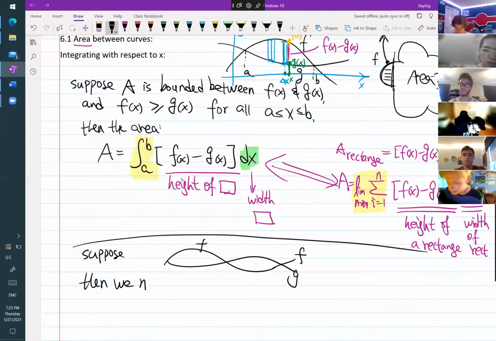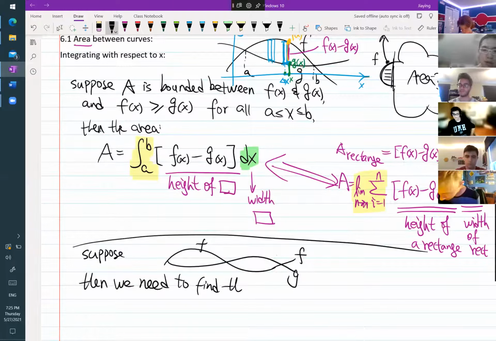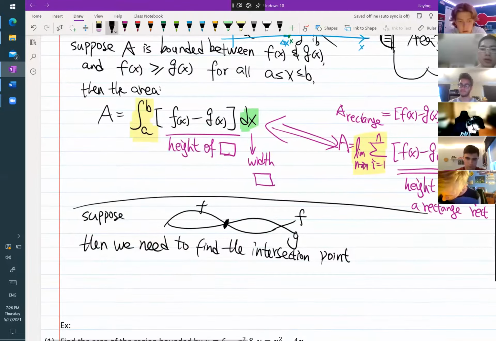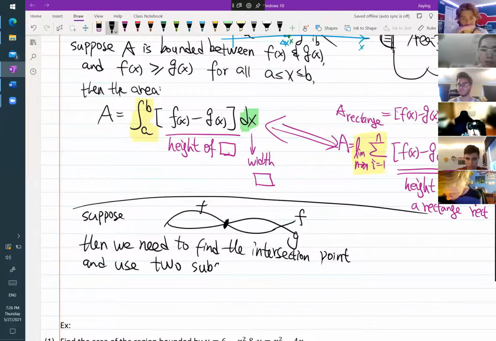Then we need to find the intersection point and use it to get two sub-areas to find the total area.